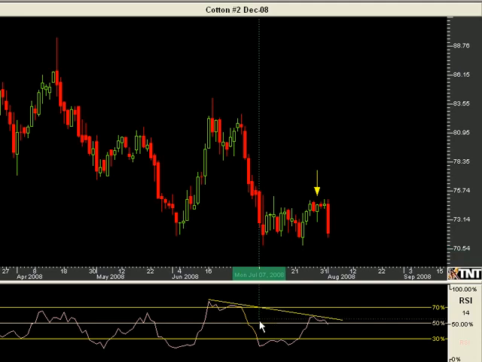Because for all the good they do in helping us find the best place to get into a market, they are all lagging indicators, including RSI. It will never, or very rarely will it predict. As I mentioned in this example, it actually showed us that the market was intending to head lower before prices actually fell off.